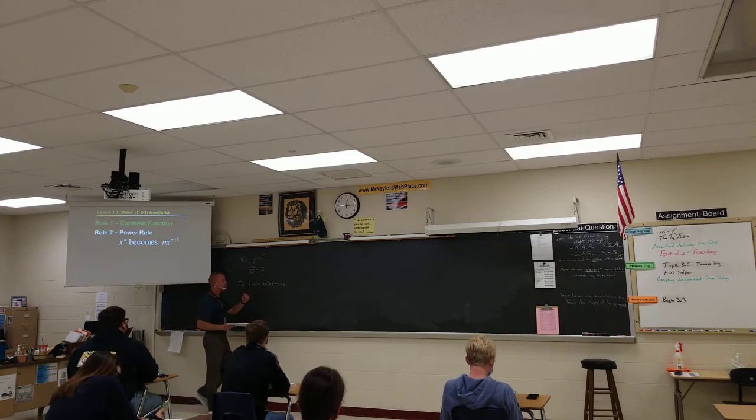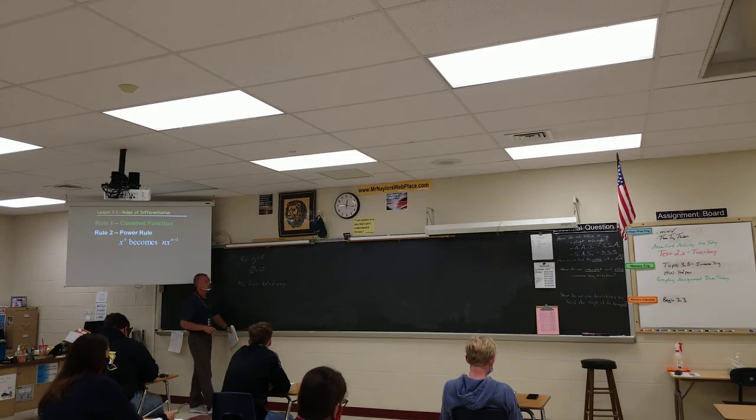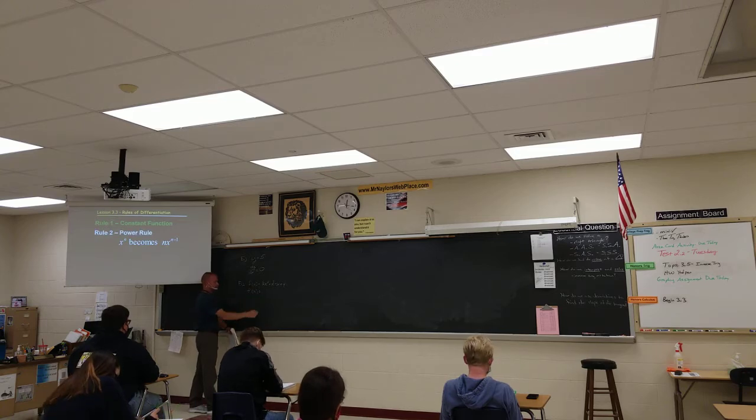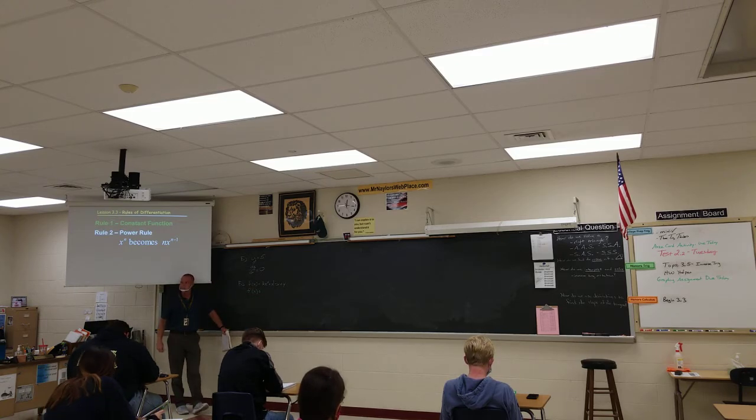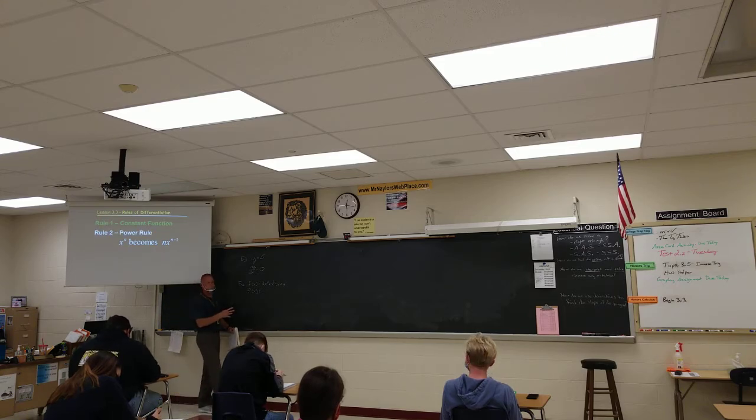So 3x to the 4th, x squared, minus x plus 4. Again, try to get comfortable with the notation as soon as possible, which you will. Because it's f of x, I'm writing it as f prime of x, which means the derivative.